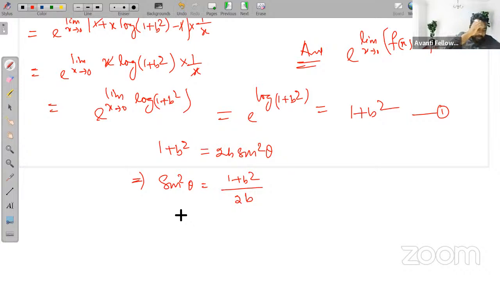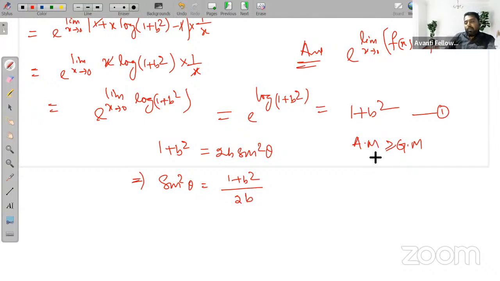Okay, so now we'll use the concept of arithmetic mean and geometric mean, and we know always arithmetic mean is greater than or equal to geometric mean, right?